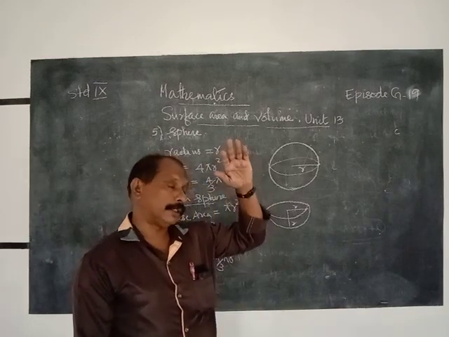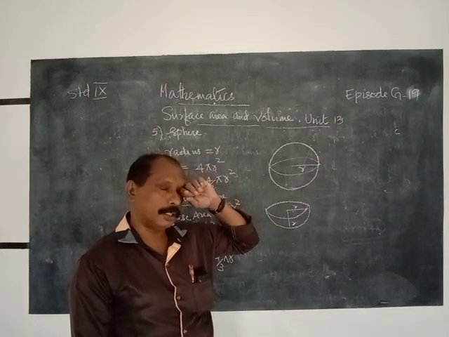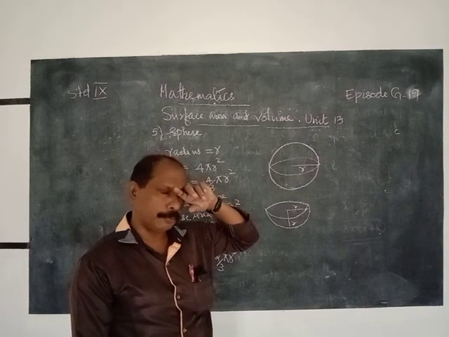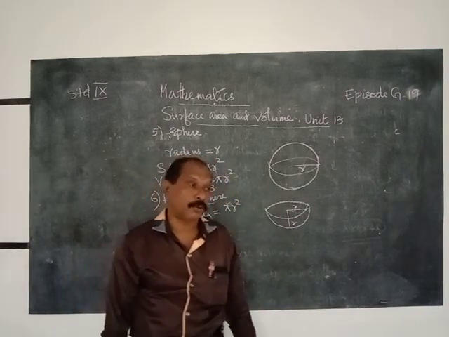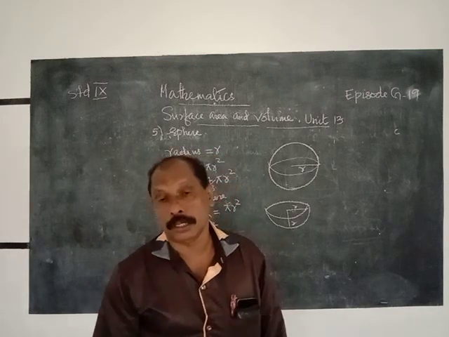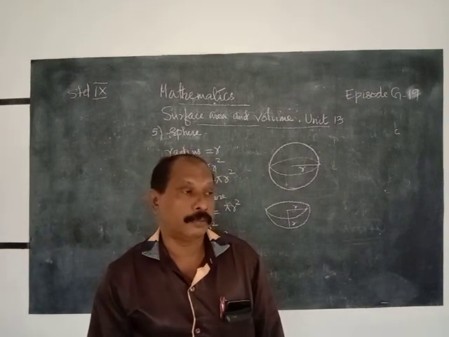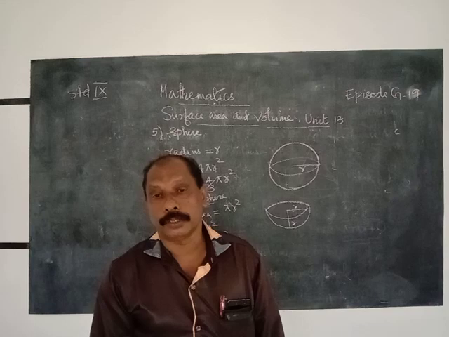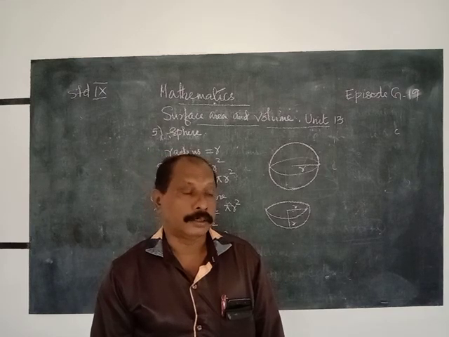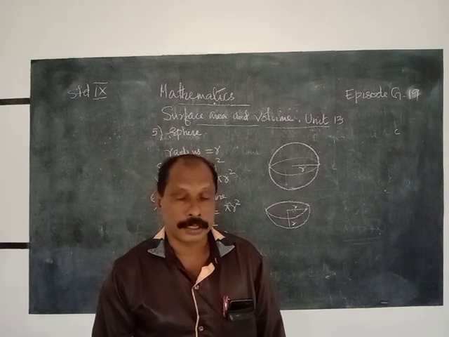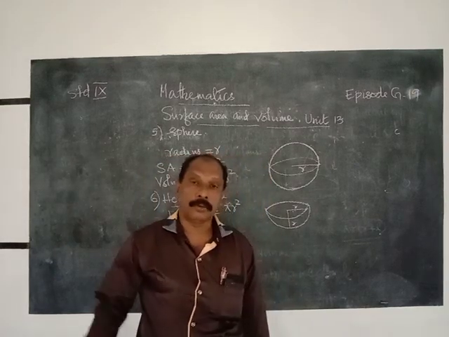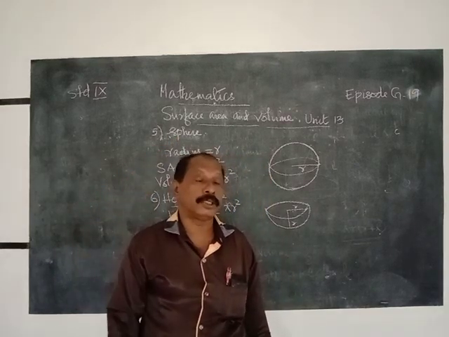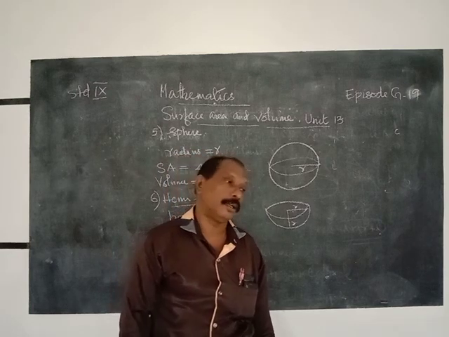Then if one surface of that cylinder is reduced into the form of a point, that is a vertex, it is known as a cone. For a cone, there is only one circular base and a curved surface. For the cone, the height is h and the radius is r, and the length on the curved surface is known as the slant height, l.